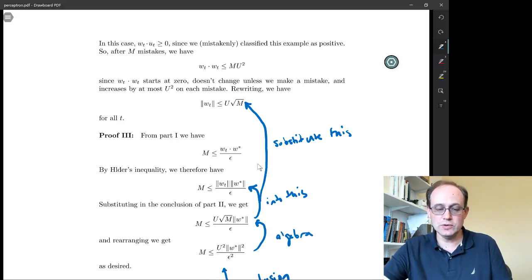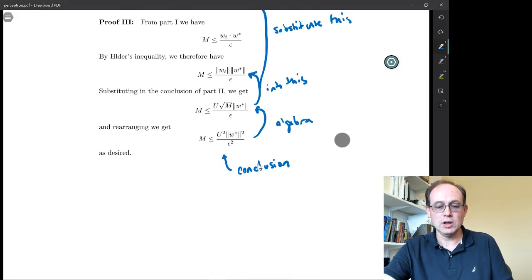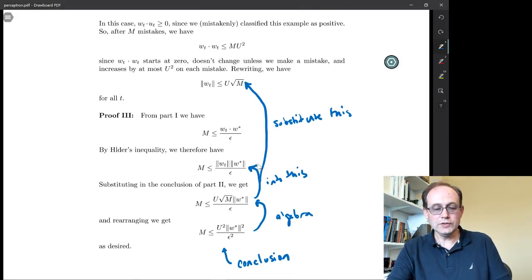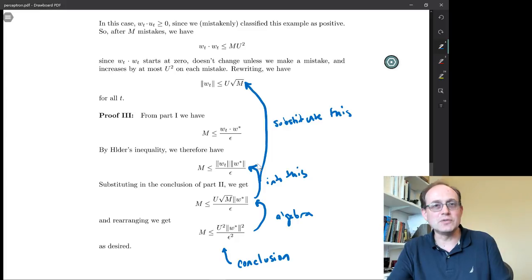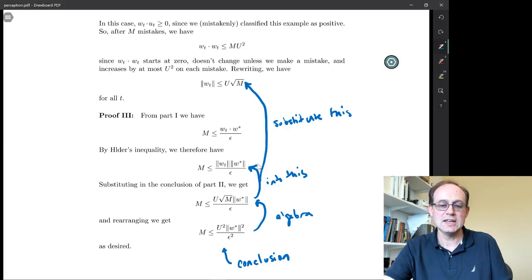You would look for all of the separate statements in the proof, all of the separate claims, and for each one, you would mark it as following from some previous ones by some inference rule. So like algebra, that's a vague description of the inference rule, but it's fine for this purpose.